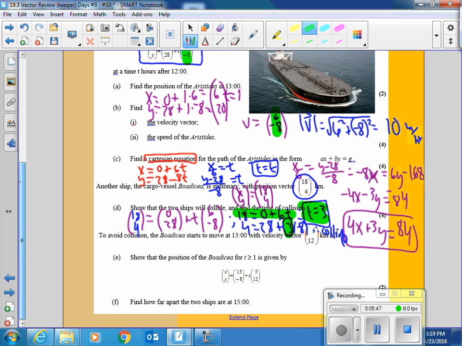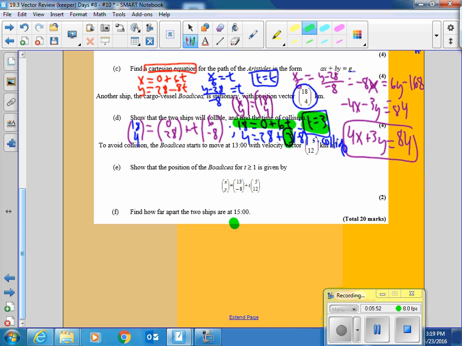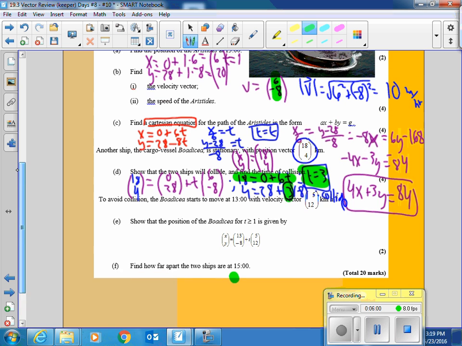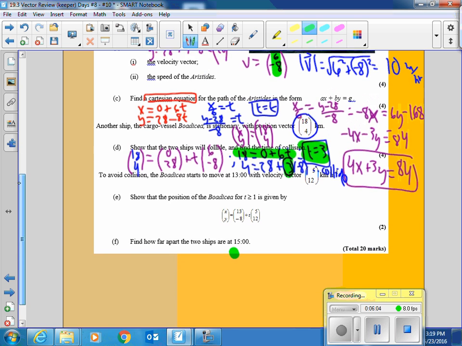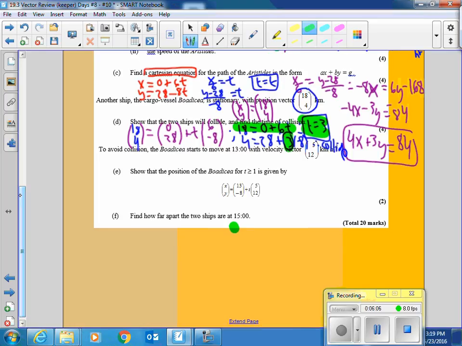To avoid the collision, the other ship starts to move at 1300 with a velocity vector of (5, 12). So the Aristeade leaves at 1300, and this one leaves at 1300. So they leave at the same time.